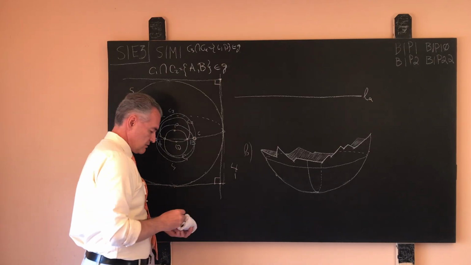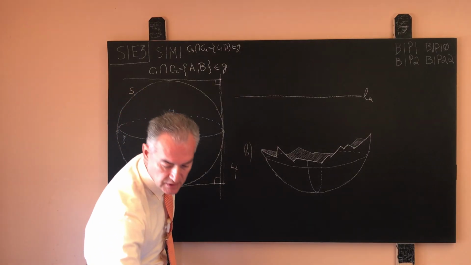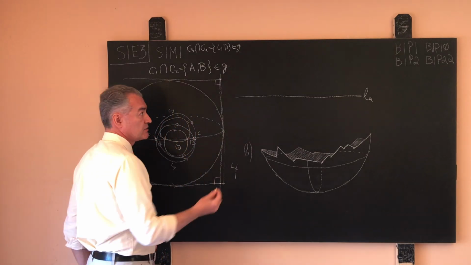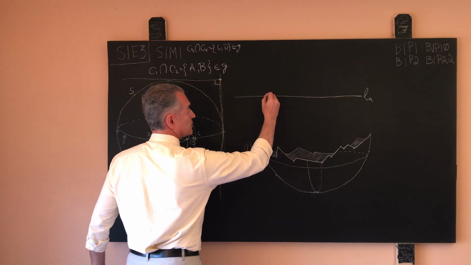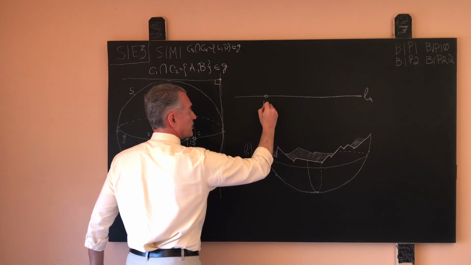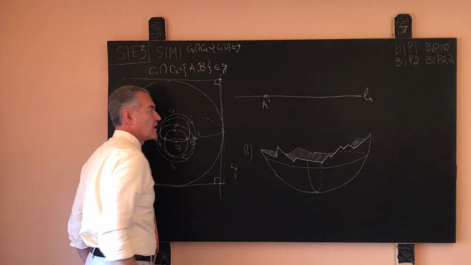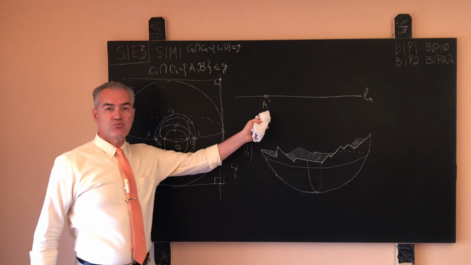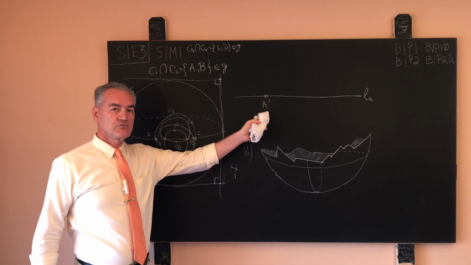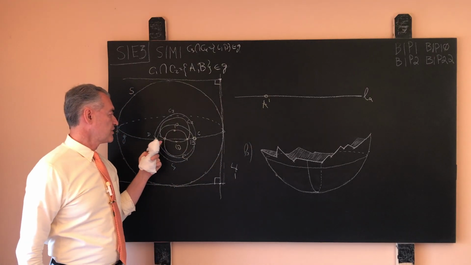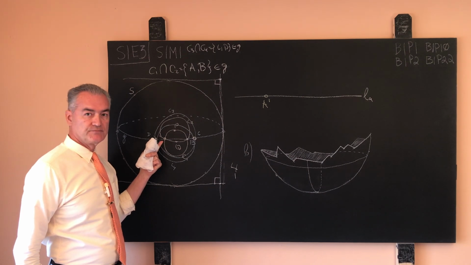Somewhere on that line, let me use the other color. This is yellow. I'm not sure if you can see it, but we mark a point called A prime. That point, A prime, will be a faithful representation of the point A on the sphere.